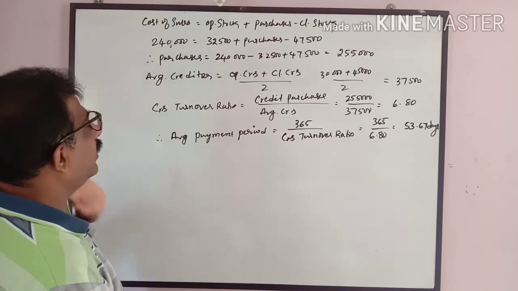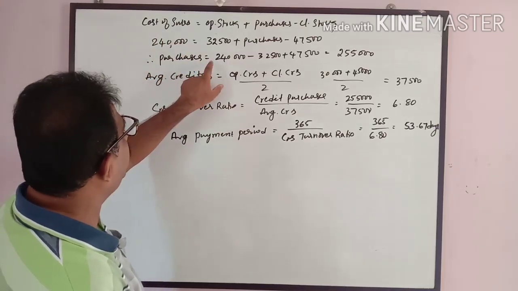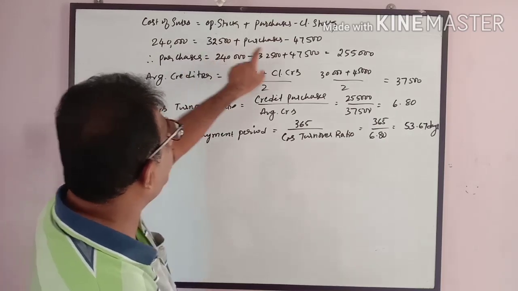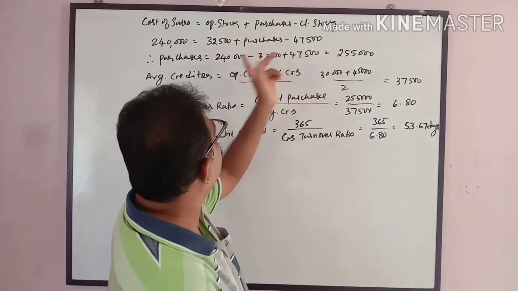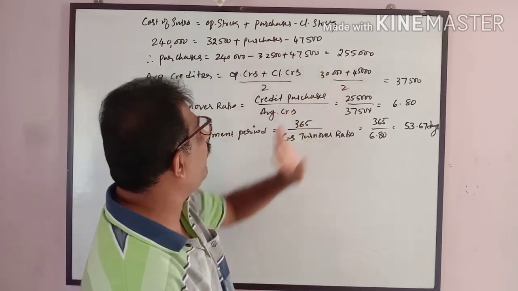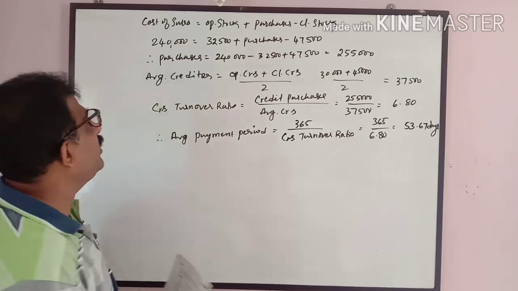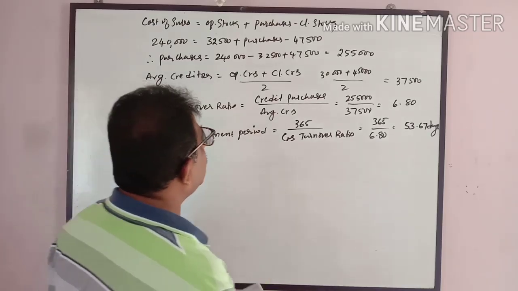Now I will find the purchases. Purchases becomes 2,40,000 minus 32,500 plus 47,500. You just change the signs, and you get 2,55,000 as purchases. Total purchases has been calculated.